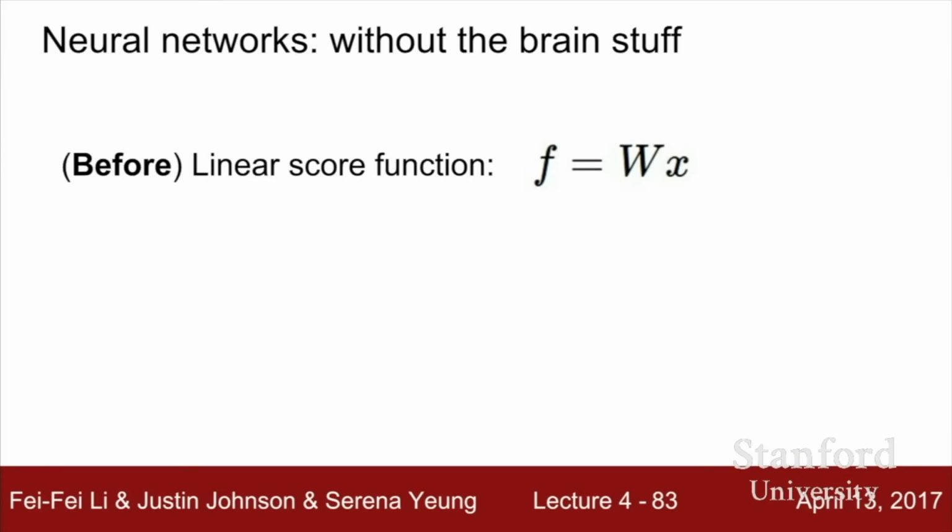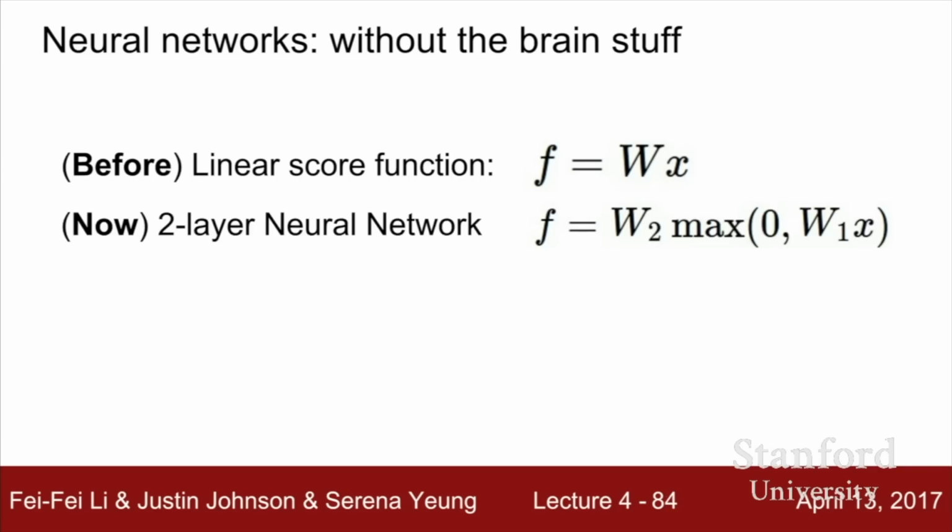So far we've worked a lot with this linear score function, f equals Wx. We've been using this as a running example of a function that we want to optimize. So instead of using this single linear transformation, if we want a neural network, as the simplest form, we can just stack two of these together, a linear transformation on top of another one, in order to get a two-layer neural network.